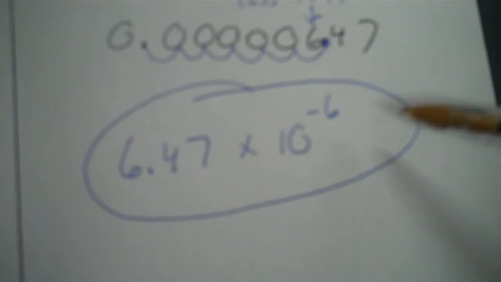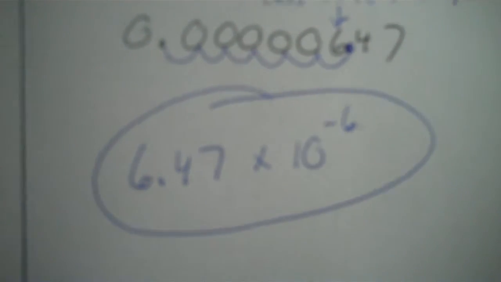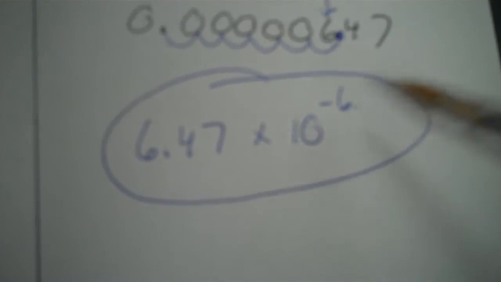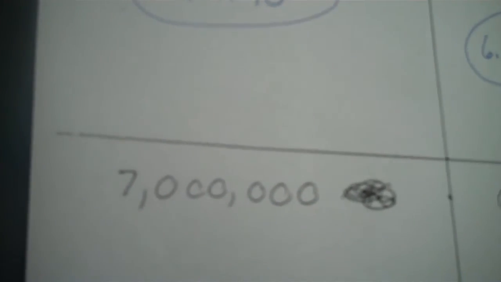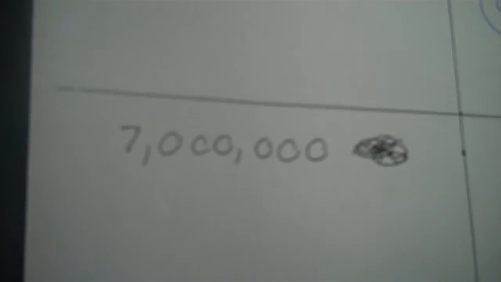Here we made the number bigger, so then we traded off by making our exponent negative. It's like a trade-off. Okay. So when you make your original number bigger, the exponent will be negative as a trade-off. When you make your number smaller, the exponent will be positive as a trade-off. But I would just go with greater than 1, less than 1. Okay.